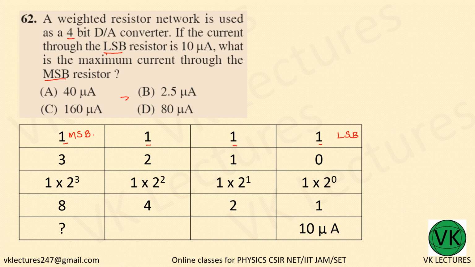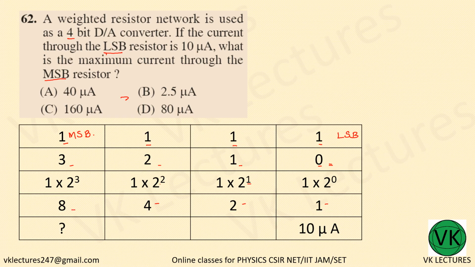Okay, and the numbers are given for the power as 0, 1, 2 and 3, and the corresponding values are 1 into 2 to the power 0, that is 1, 1 into 2 to the power 1, that is 2, 1 into 2 to the power 2, which is 4, 1 into 2 to the power 3, which is 8.